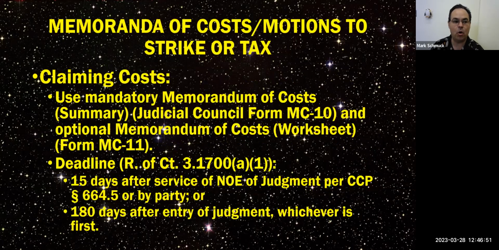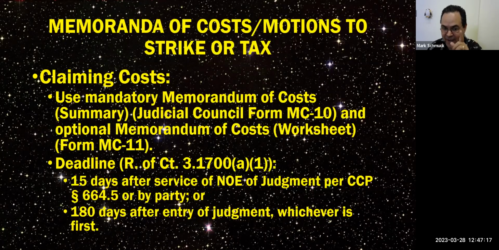How do you claim costs? You use the mandatory Memorandum of Costs form on Judicial Council Form MC10 and the optional Memorandum of Costs worksheet form MC11. The deadline for filing your Memorandum of Costs is under Rule of Court 3.1700(a)(1). It's 15 days after service of the Notice of Entry of Judgment pursuant to 664.5.